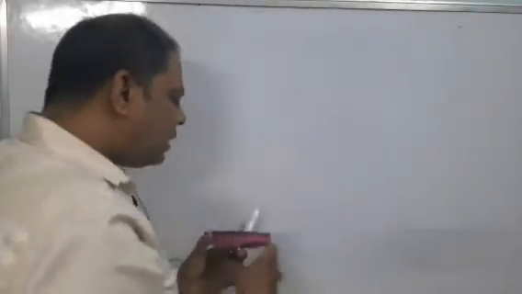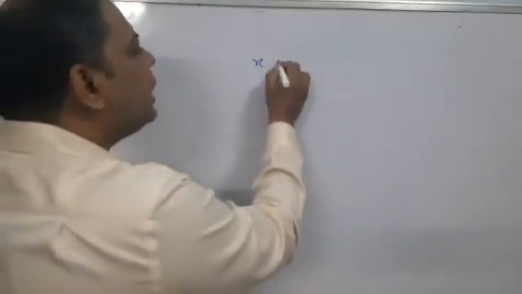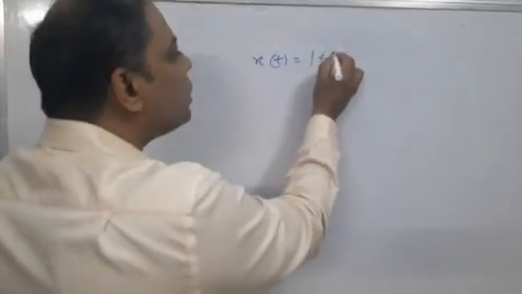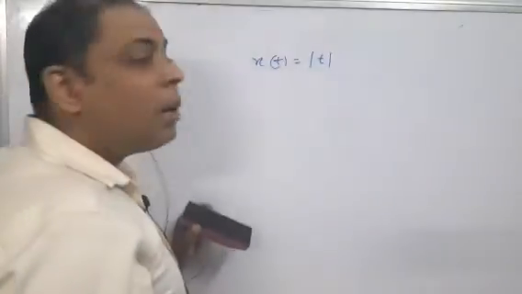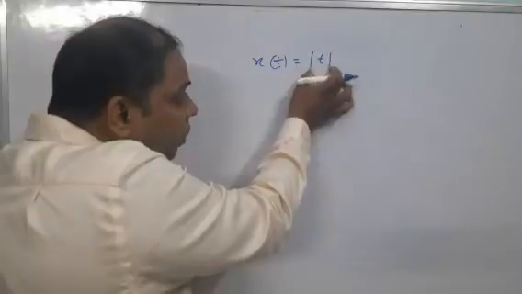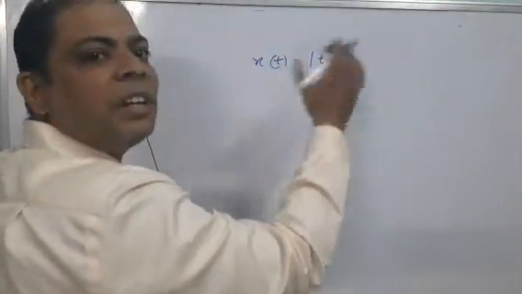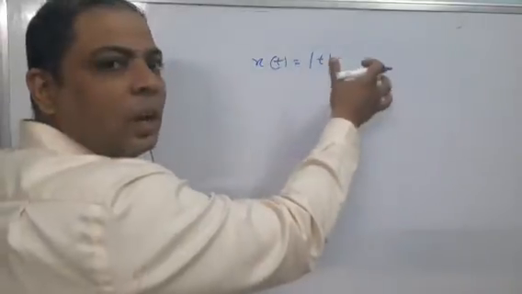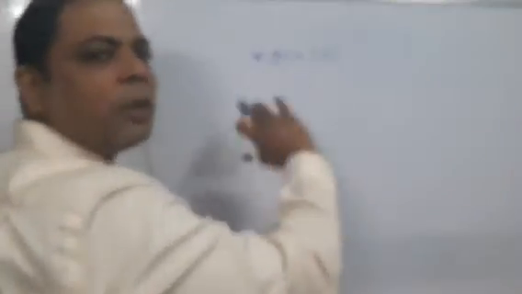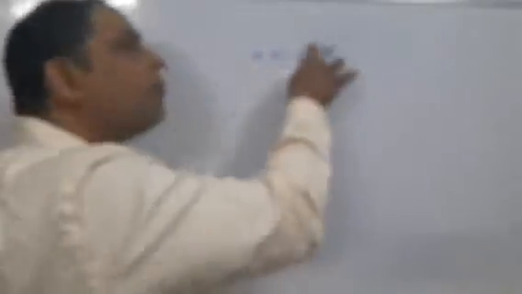Okay? So now suppose I am having another signal, x(t) is equal to mod t. Try to understand. In the definition of mod t, already the t range is given. In what range of t, what equation you have to sketch, that is already within the definition of mod t.